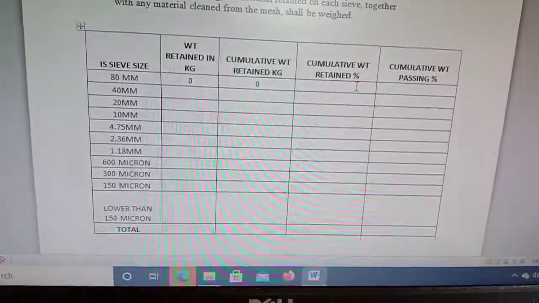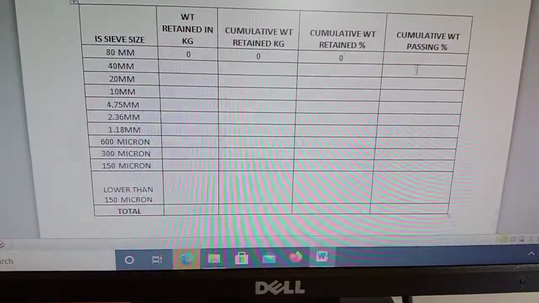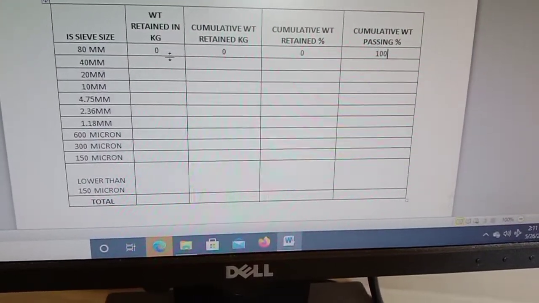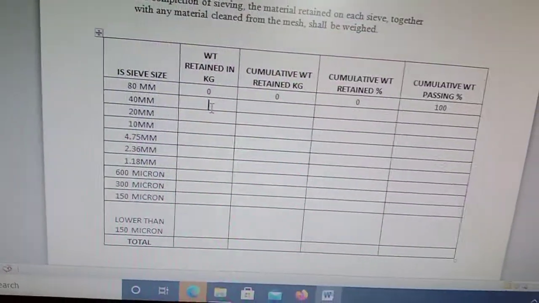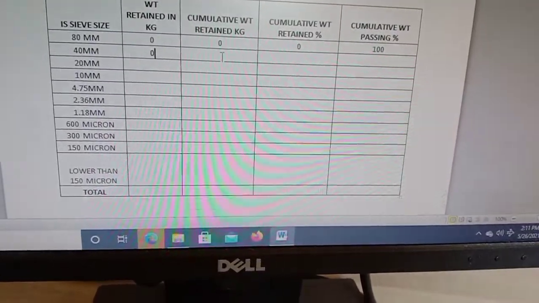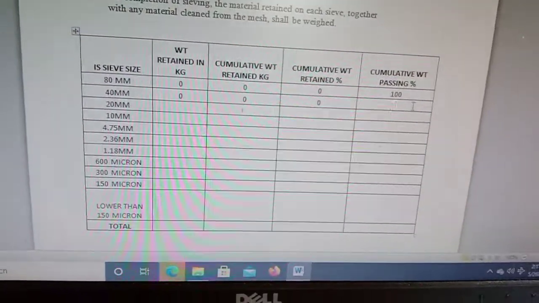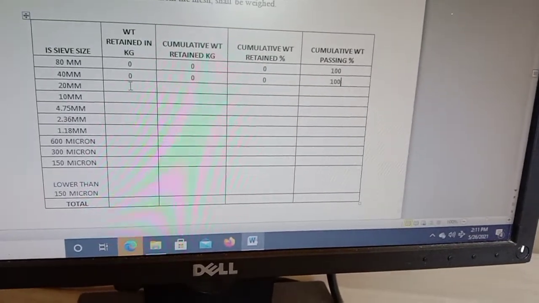Cumulative percentage should also be 0 only. So 100% would have been passed there. Then next, same thing, 0 retained, all values will come 0 only here. Again 100% would have been passed from that.